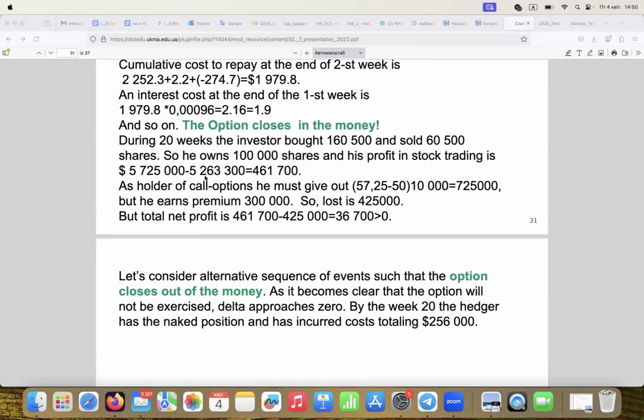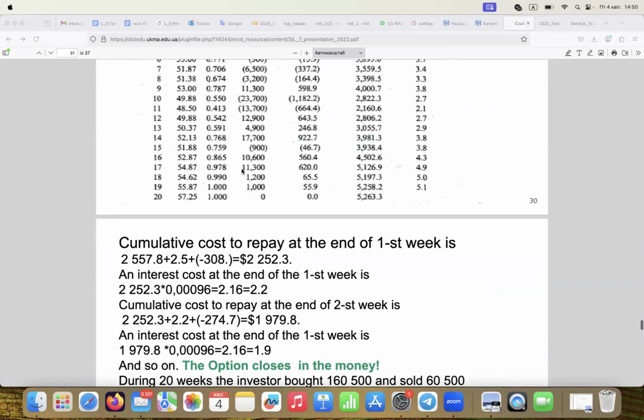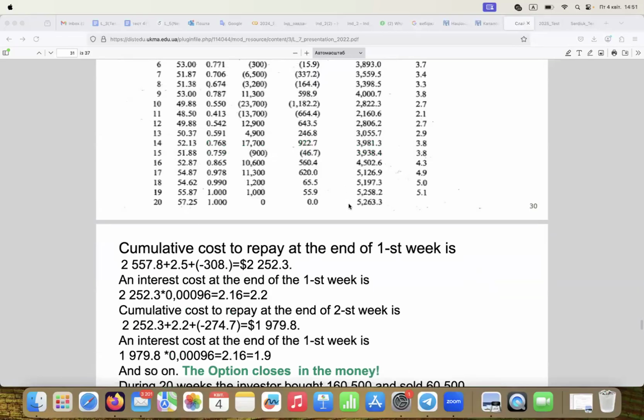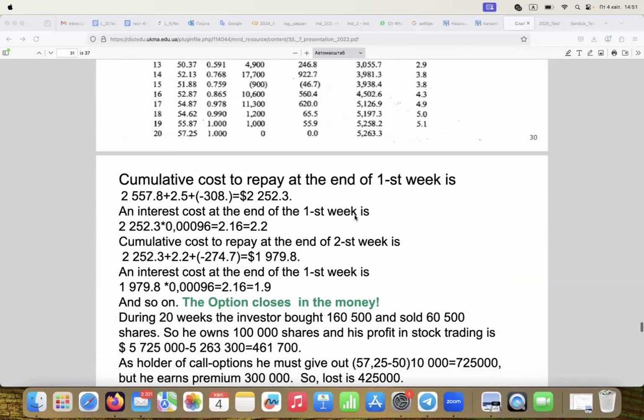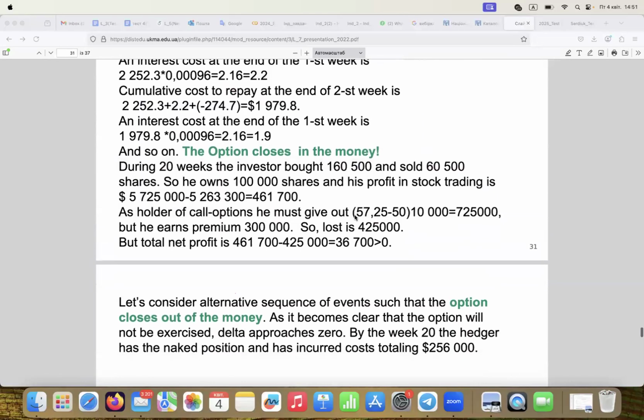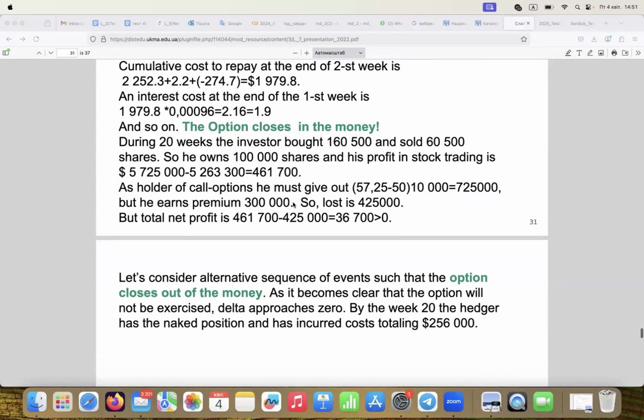So his profit is, it is like at the end, and it is what he paid at the start. So for shares he has this sum. Yes, because all this money was debt.